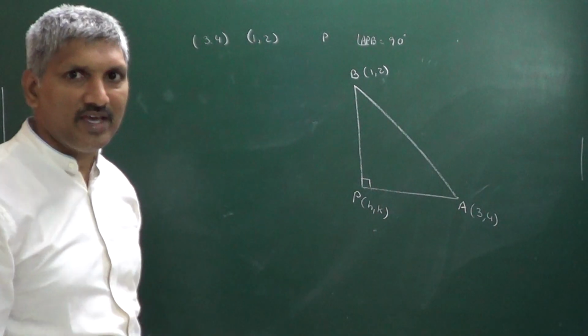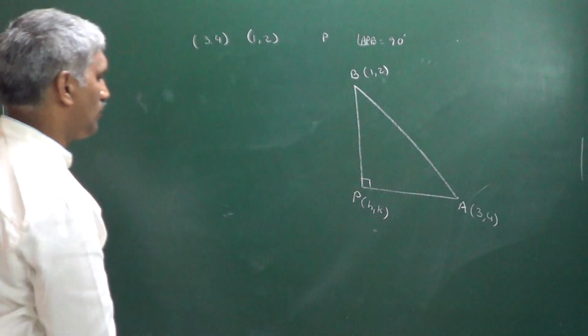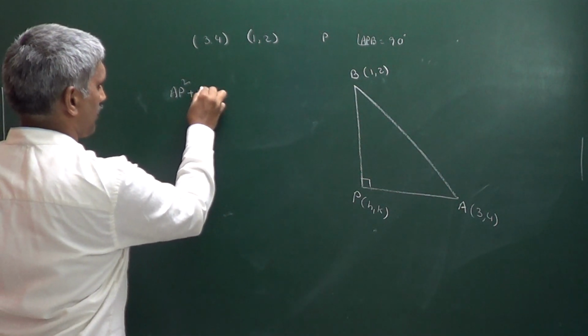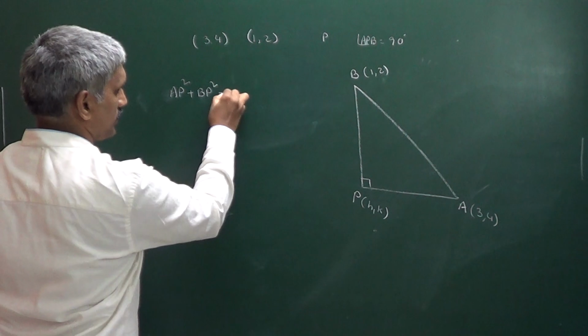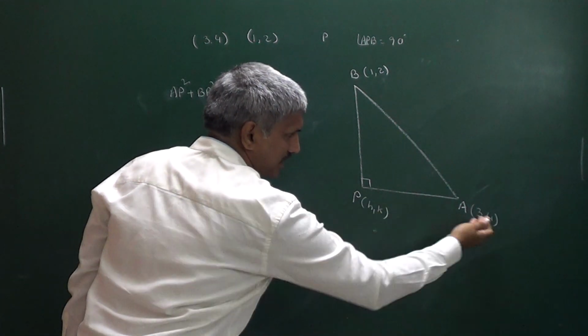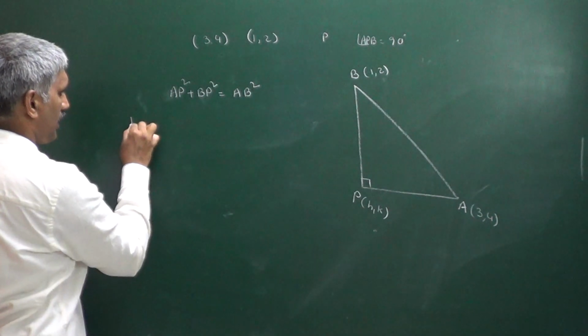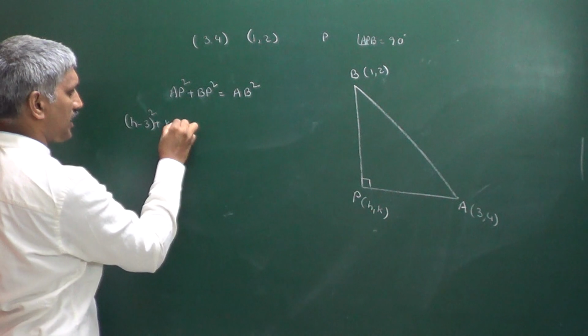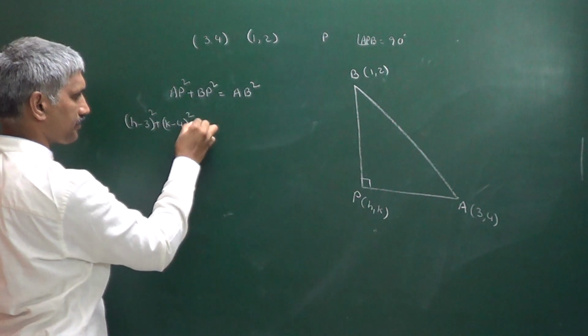Now we can apply Pythagoras theorem. So what can we write? AP square plus BP square is equal to AB square. What about AP? It is the distance between these 2 points: h minus 3 whole square plus k minus 4 whole square.